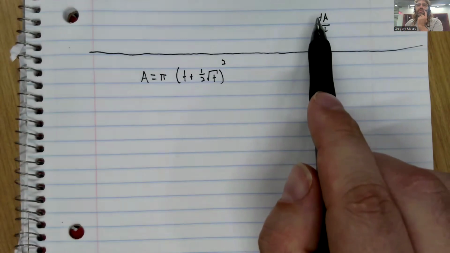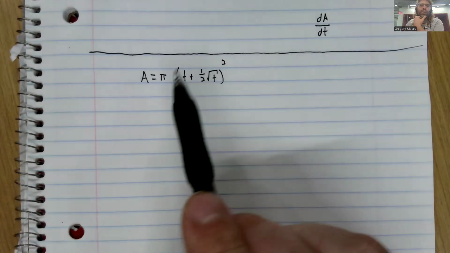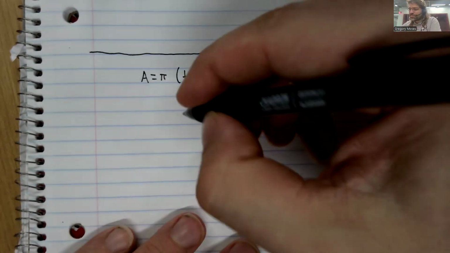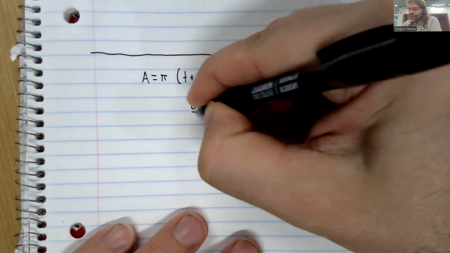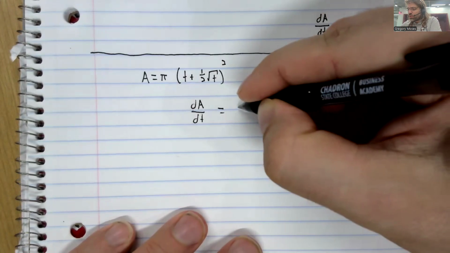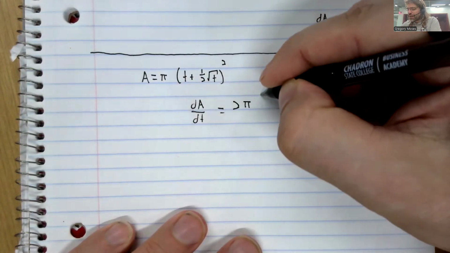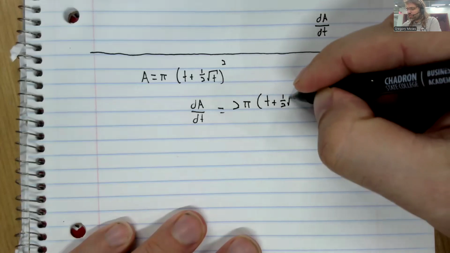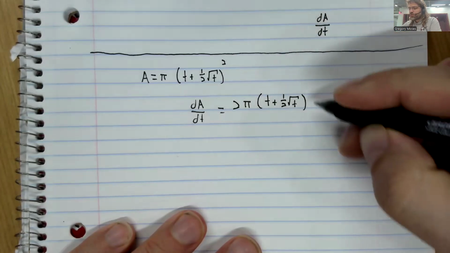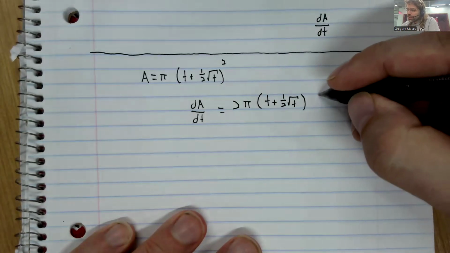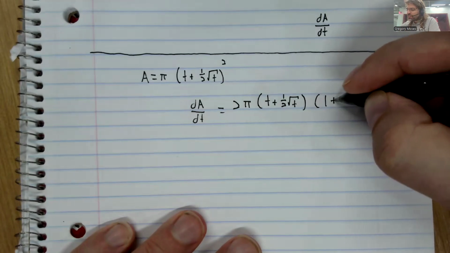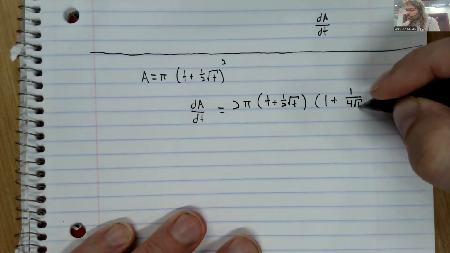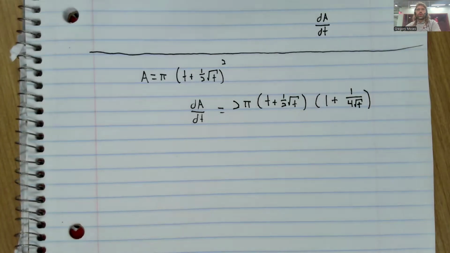And this is just what we need for the derivative we asked about. We wanted the derivative of A with respect to time. Well, now we have A written with respect to time. dA/dt equals 2 times pi times (t plus 1/2 the square root of t) raised to the first power times (1 plus 1/4 the square root of t).